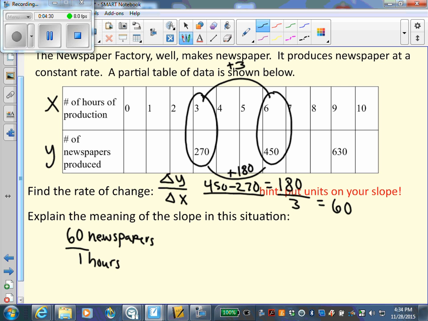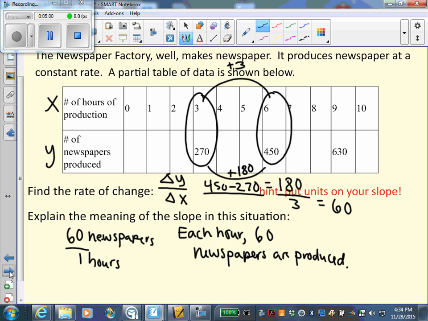So to give the meaning, we could say every hour, or each hour, 60 newspapers are produced. We could also have said every hour there are 60 more newspapers. That would be another way of saying basically the same thing. Okay, so one more example.